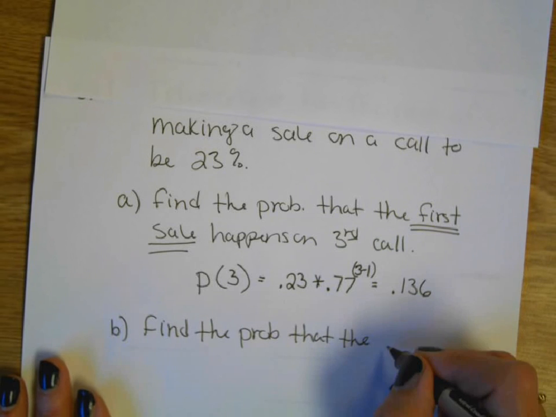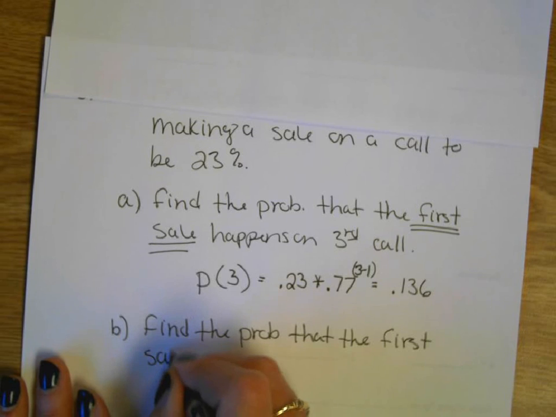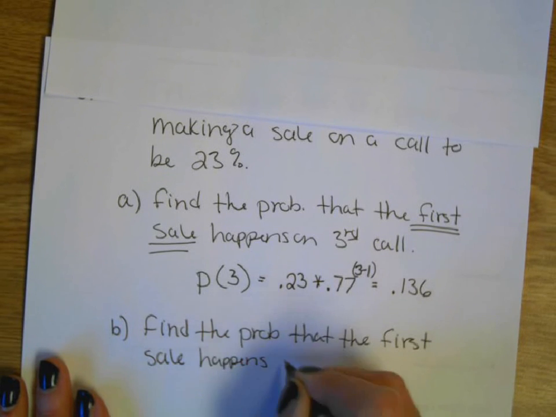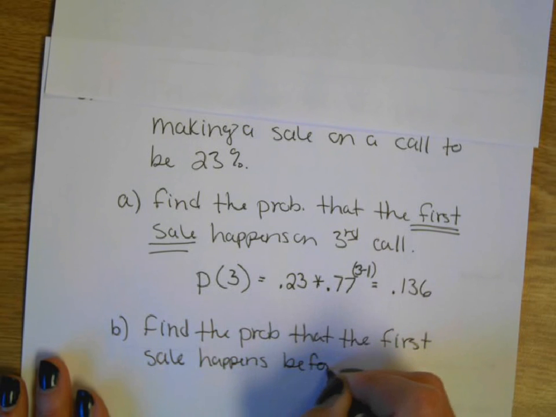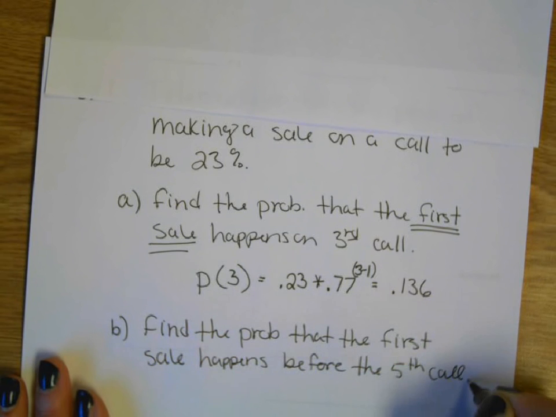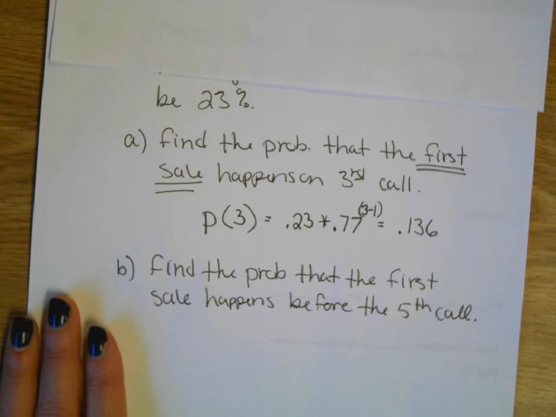Find the probability that the first sale happens before the 5th call. Okay.